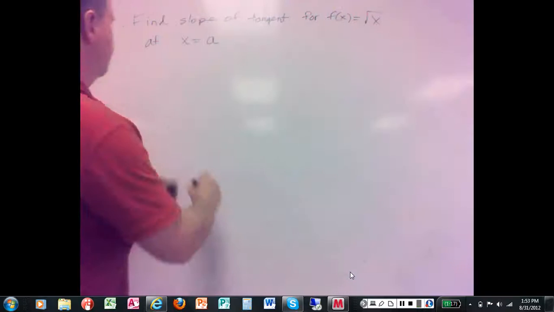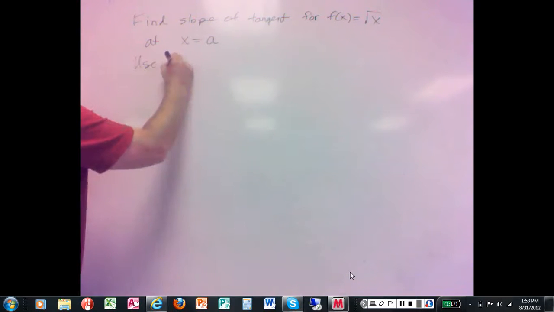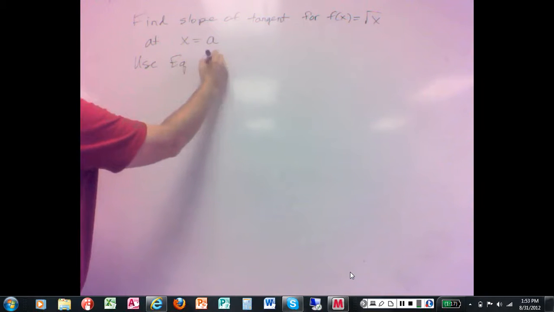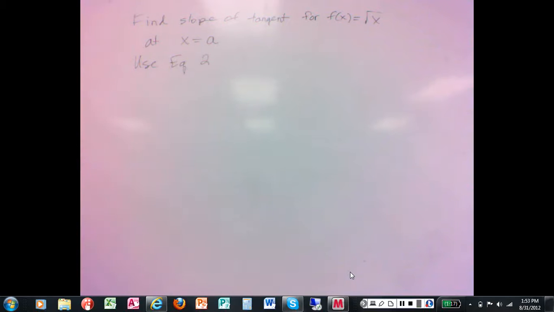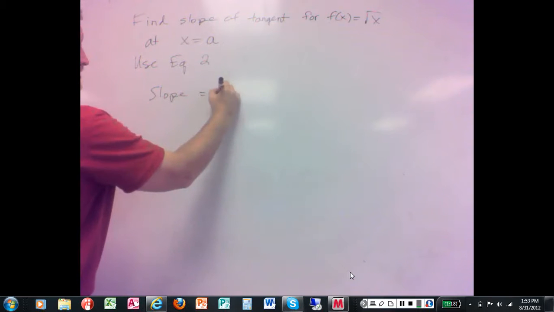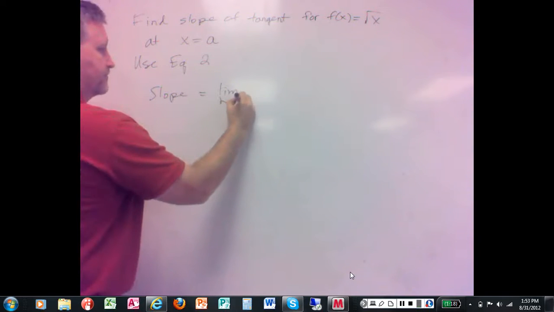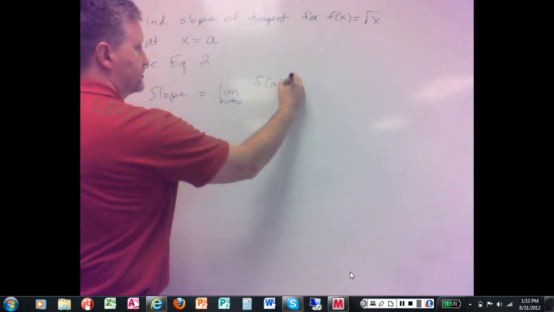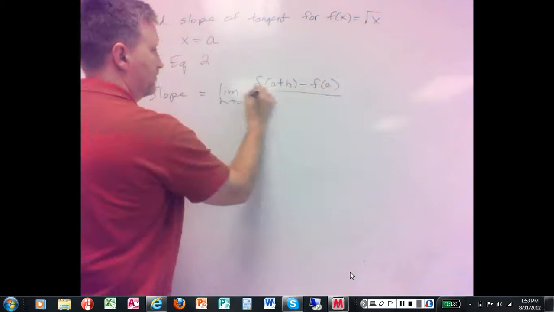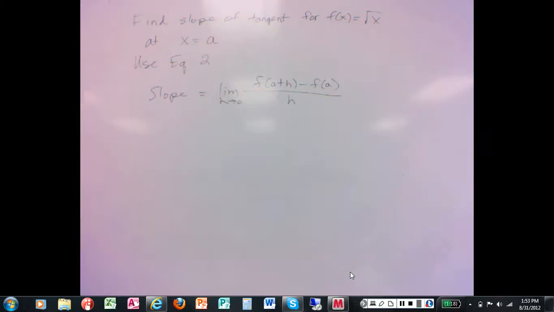And again, let's use equation 2. We could use definition 1, but let's try equation 2 on this. All right? So equation 2 tells me that the slope of the tangent equals the limit as h approaches 0 of f of a plus h minus f of a over h.